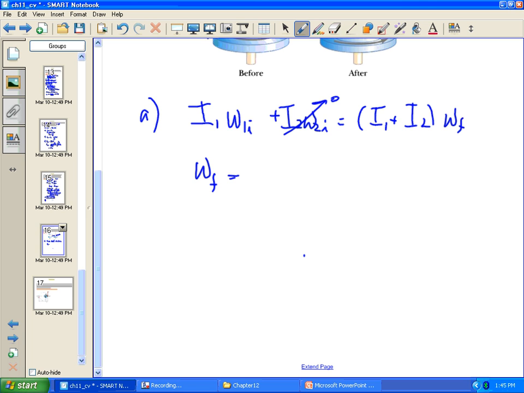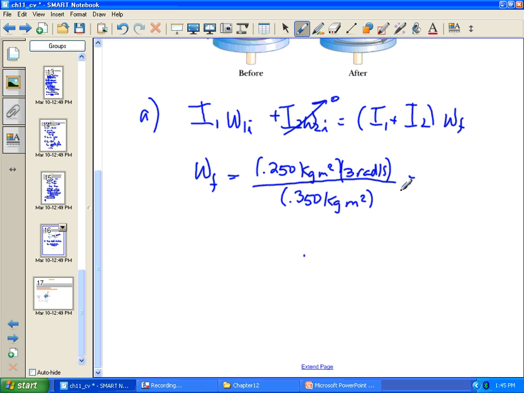Omega final is equal to I1, 0.25 kilogram meter squared, times omega 1 initial, which was 3 radians per second, divided by I1 plus I2, which is 0.1 plus 0.25, or 0.35 kilogram meter squared.